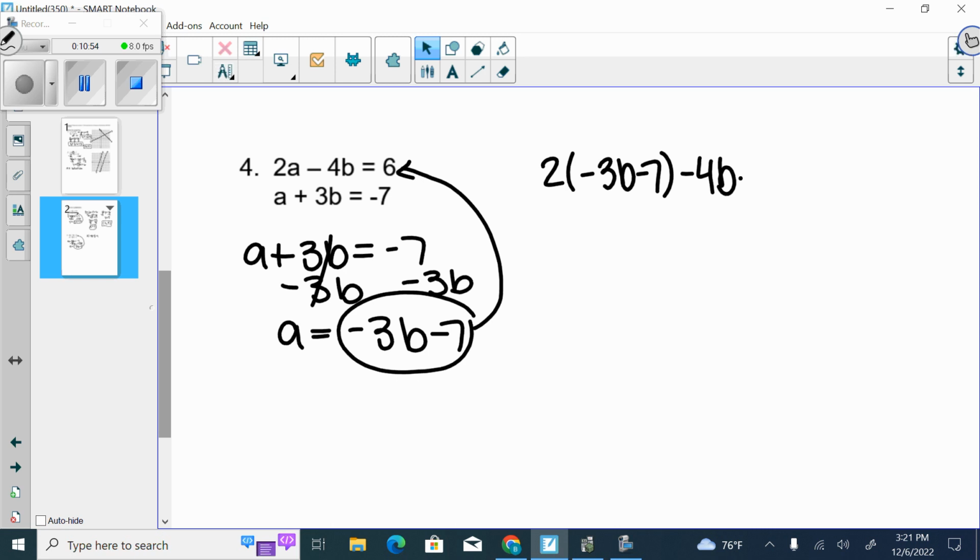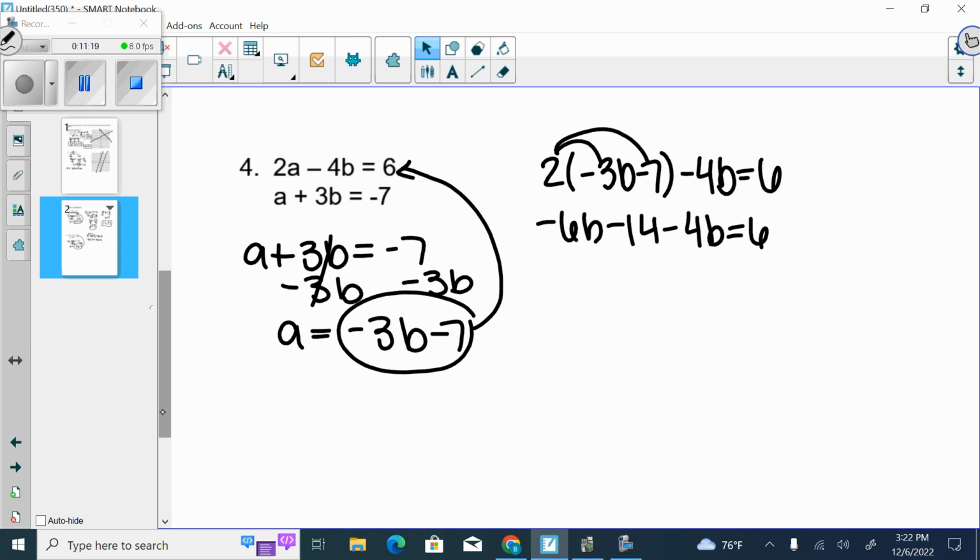Very good. All right, so what are we going to do first? Distribute, right, multiply. So what is 2 times negative 3b? Good. And 2 times negative 7? And then we still have a minus 4b equals 6, right?